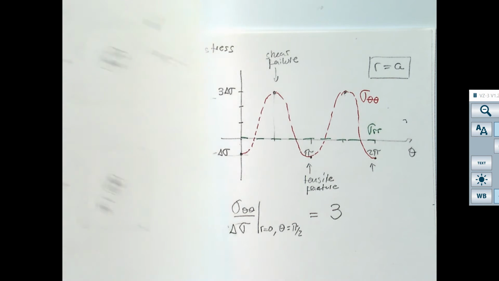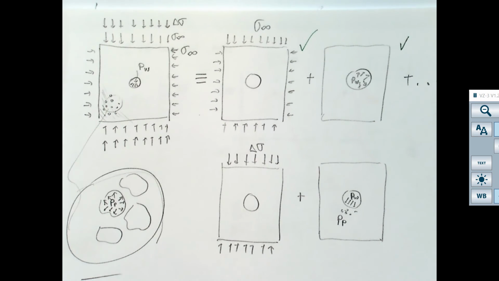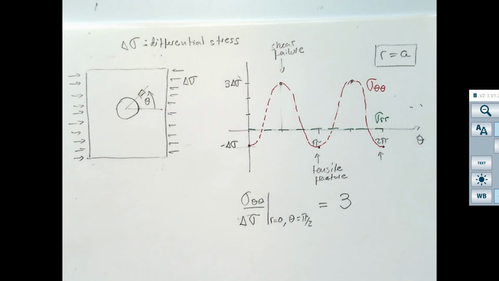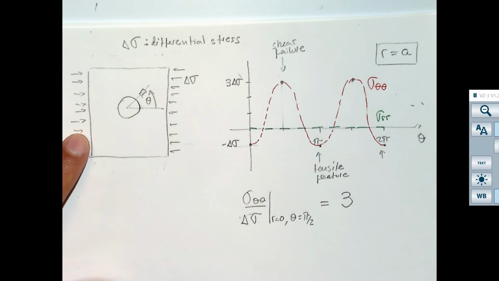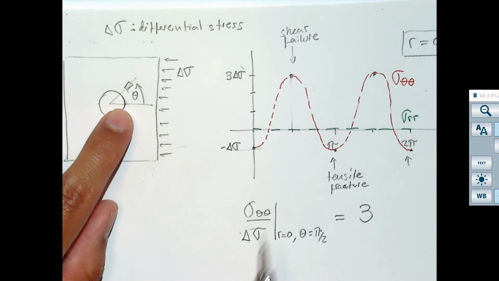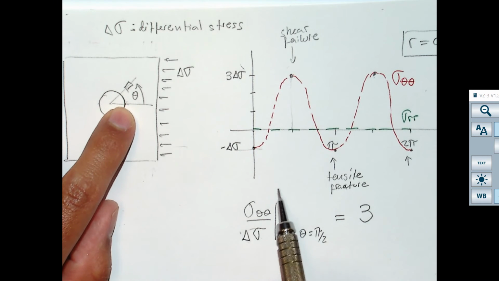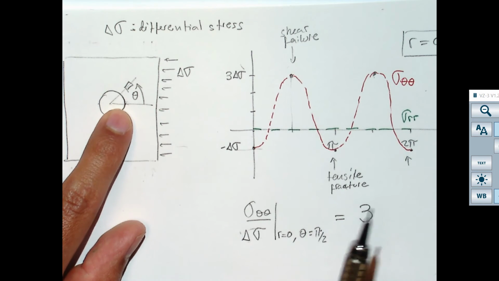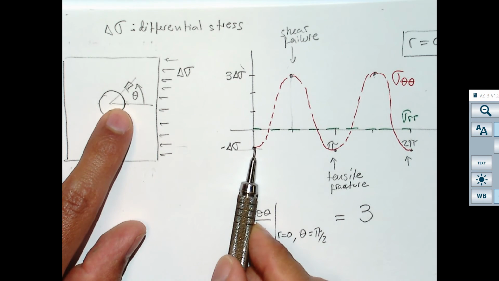Yes? Sorry, can you explain again why it is that you have compression or tension at a different angle? So, let's imagine that we are a piece of rock around the wellbore, and let's say that we are here at theta equal to 0. That will be this point.